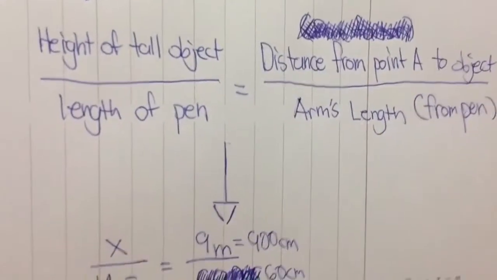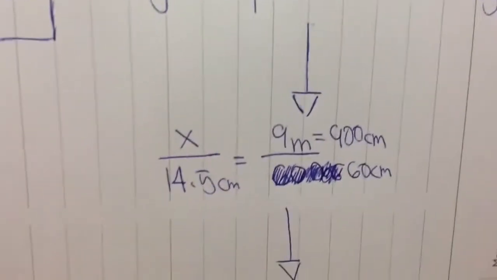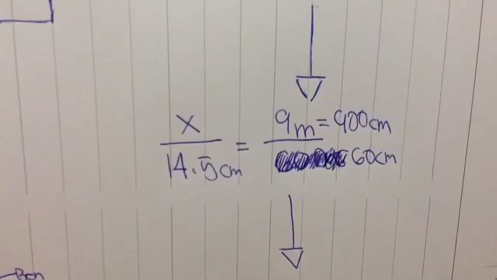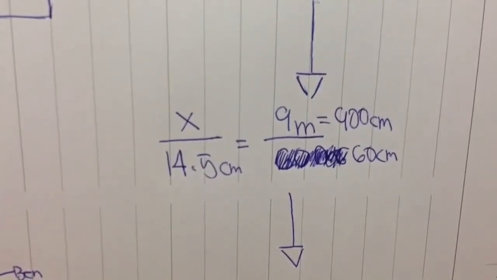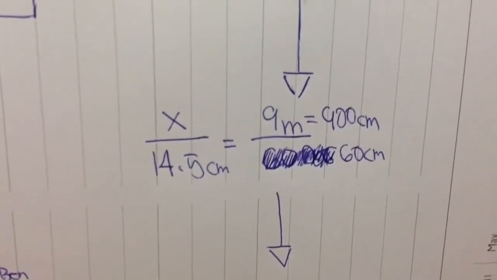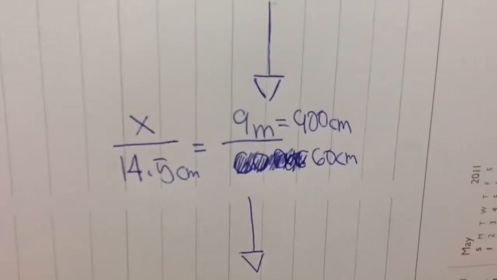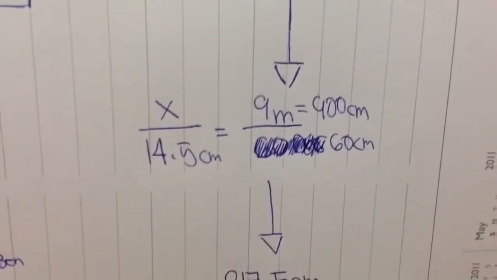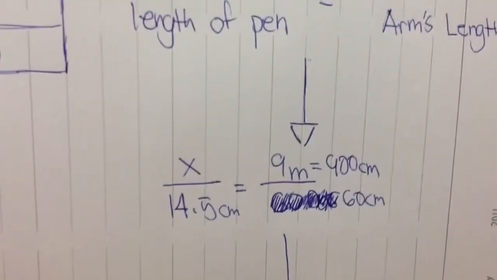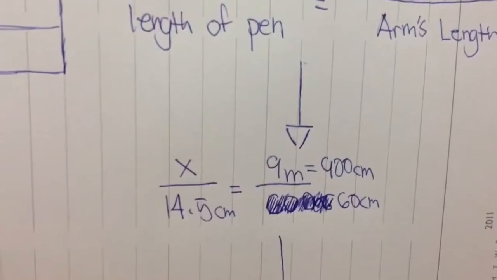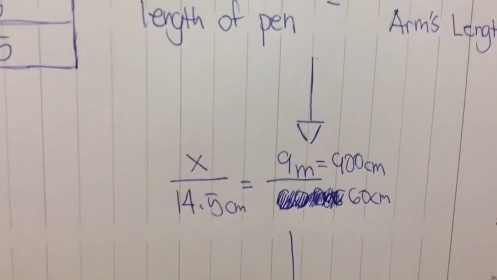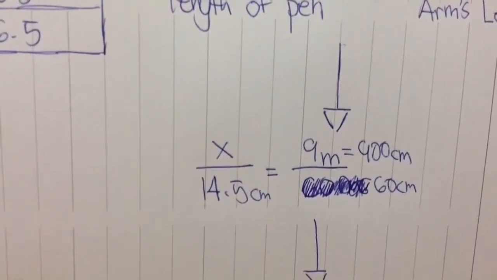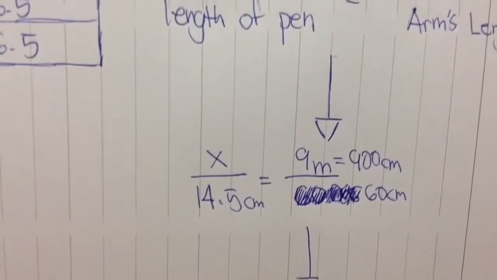The distance from Ben to the door is originally 9 meters, but since we're using centimeters, let's convert that to 900 cm, and the arm's length from Ben is 60 cm. If we cross multiply 60 and x, we get 60x, which is equal to cross multiplying 14.5 and 900.